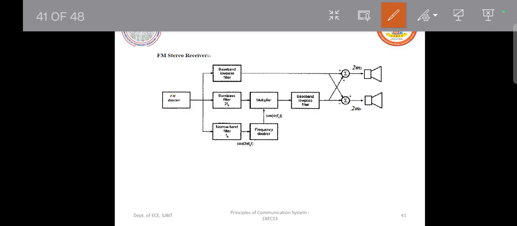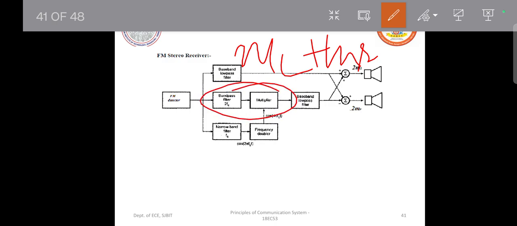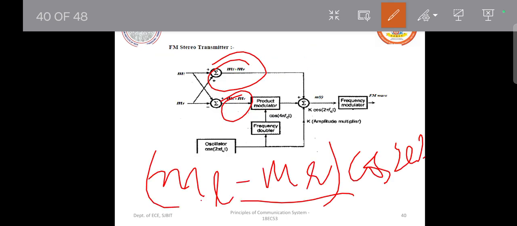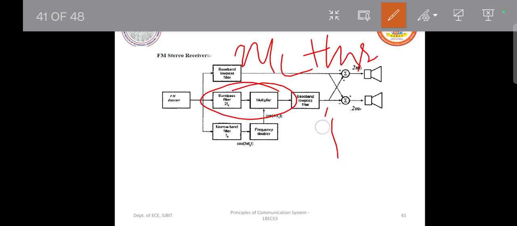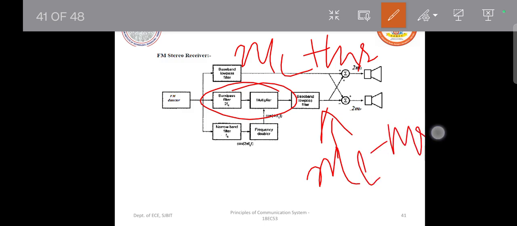So this will contain ML plus MR within it. Now this part is trying to squeeze out the information which was placed in the second channel. This is what we had, ML minus MR, and this information is what we want back.